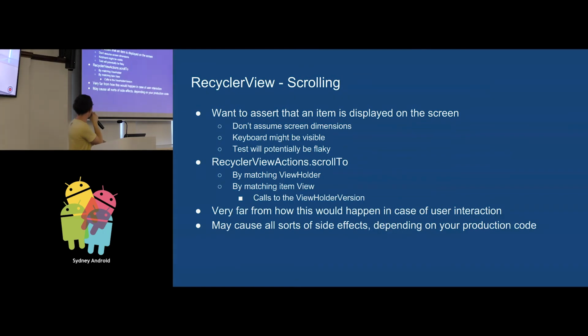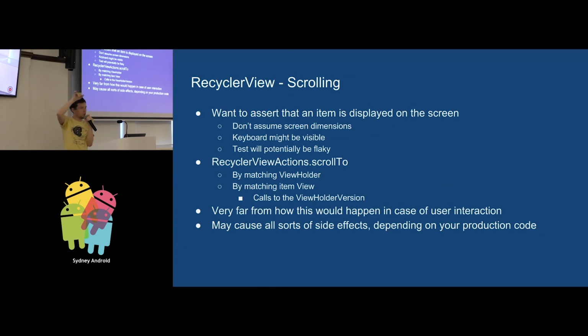And the last thing that I wanted to talk about is recycle view scrolling. So if you have spent some time looking around Espresso and how things are being implemented, this is also something one of my colleagues did, but I think it's very useful to explain. The way Espresso performs a scroll action in recycle view is the following. It's going to simulate the same interaction as a user would do, but not from the UI.